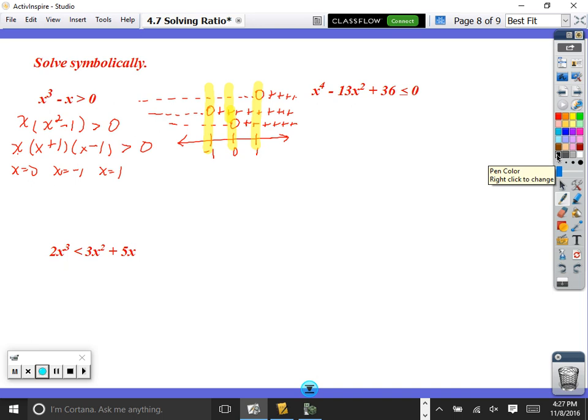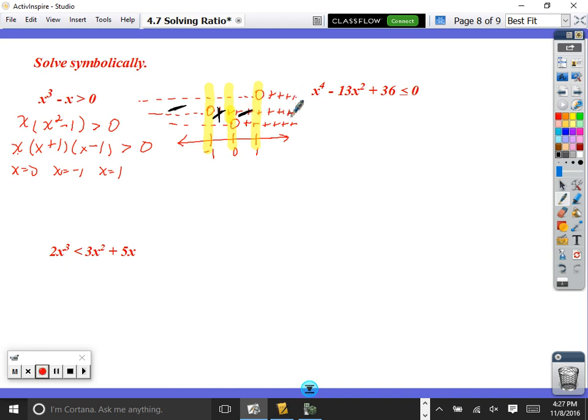Notice we had all these factors multiplied together. What is a negative times a negative times a negative? That would be a negative. A negative times a positive times a negative would be a positive. A negative times a positive times a positive would be a negative.